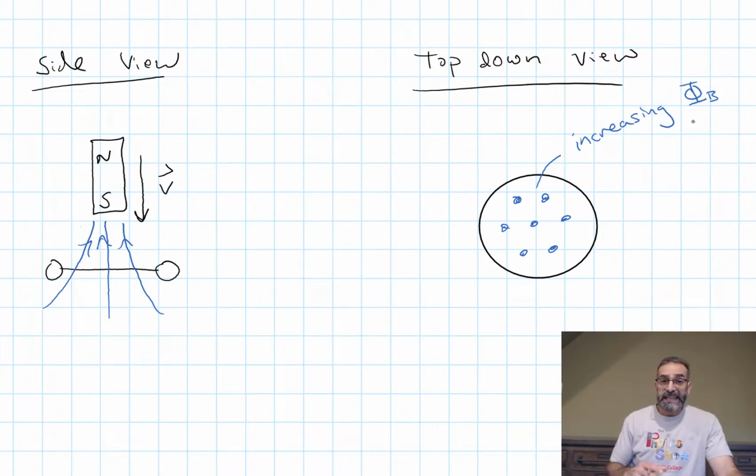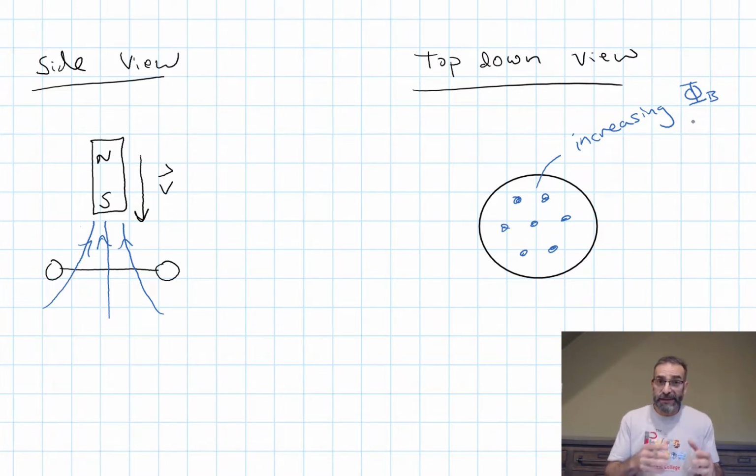We know that in a changing magnetic flux, doesn't matter whether it's increasing or decreasing, a changing magnetic flux means we induce an EMF in this loop, and that's going to cause current to flow. The current wants to create its own magnetic flux that changes this back to its starting point.